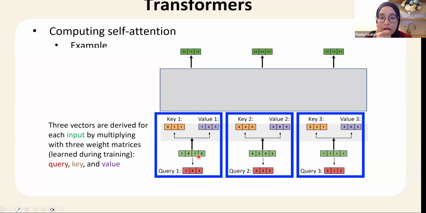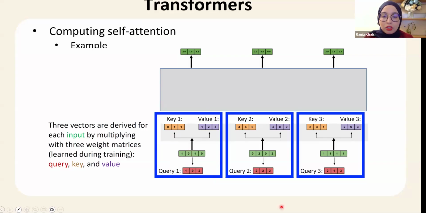One is the query, one is the key, and one is the value. All these parameters are learned during training, so they are going to be continuously updated and refined. Keep that in mind.